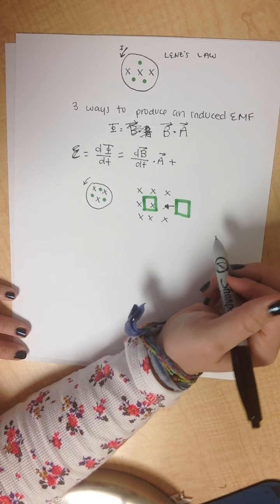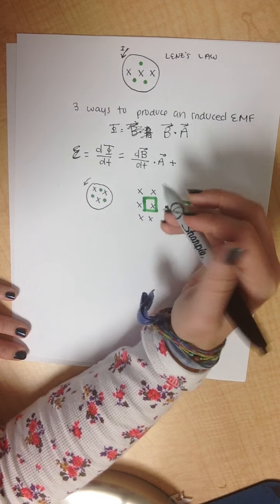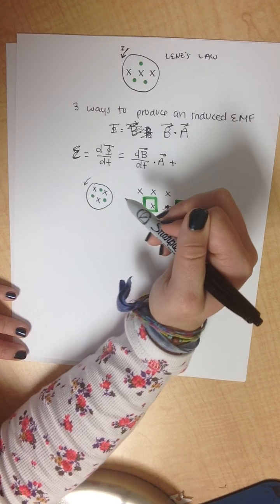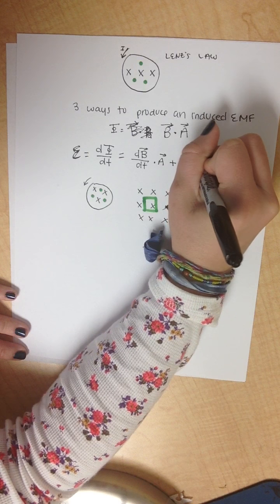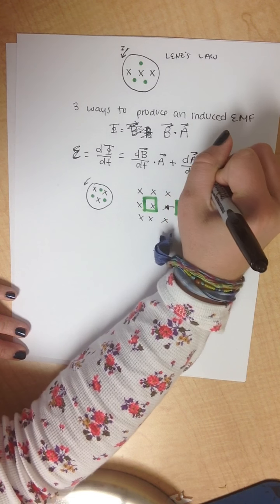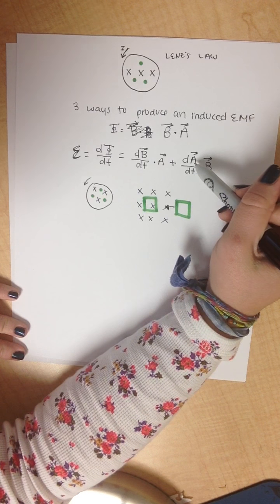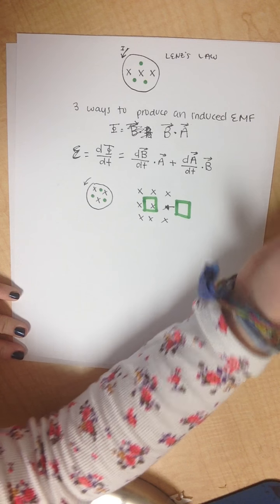So the area is now changing and causing the movement of charges, making an induced current and an EMF. So this one is dA/dt dotted with B. This just shows change in area over change in time times the magnetic field.